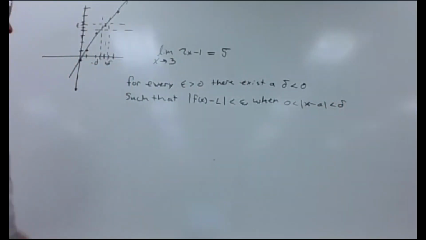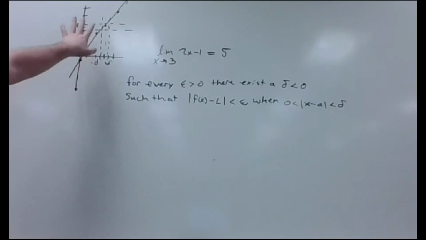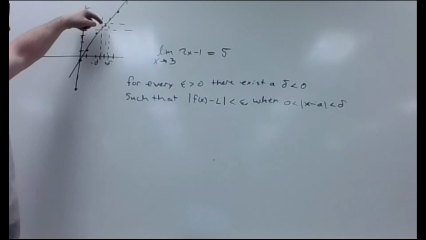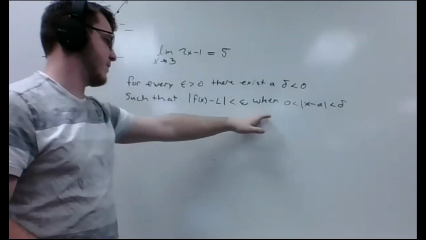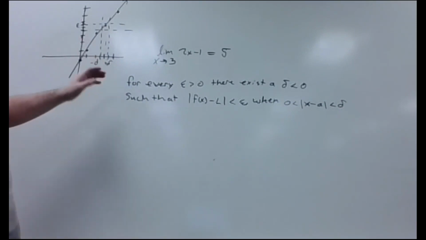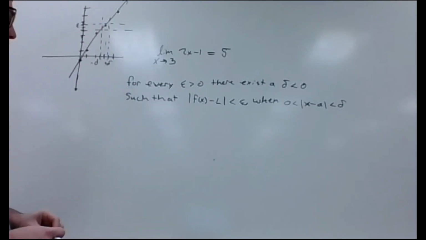This is a complicated way of saying what I was trying to say: for every epsilon, we're going to have a delta that corresponds with it. Or for every delta, there's going to be an epsilon, back and forth.